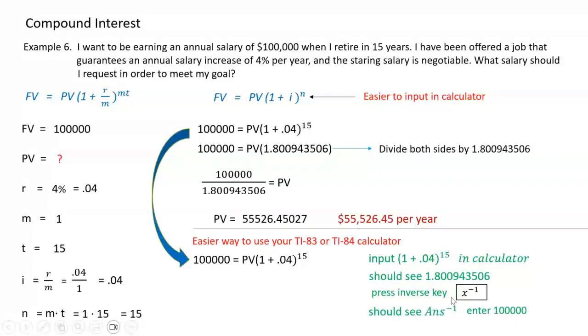Then you're going to enter the 100,000. You see, guys, we get the same answer, and with this one it was one steady flow of the calculator. But like I said, the book uses this formula, and so does MyMathLab. But I'm showing you guys, I think, an easier way for the students that struggle with how to use a calculator.